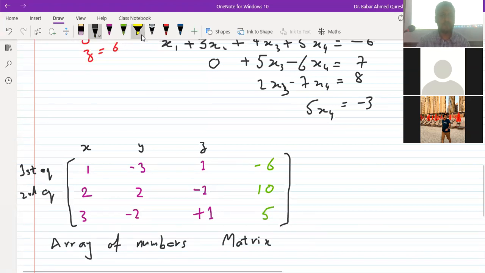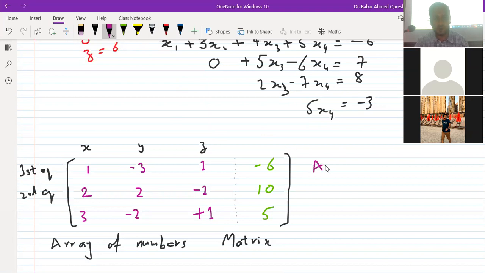Let me just put some dotted lines here, because on the other side of this line are the equality numbers, and on the left hand side of this dotted line are the coefficients in front of the variables in my equations. So this matrix which you have constructed is a matrix associated with your linear system.